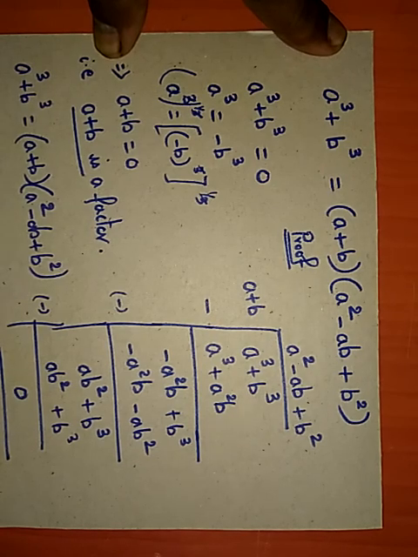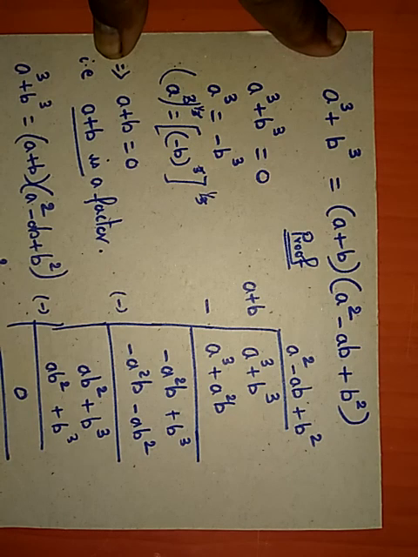Okay. Now we will do the verification. A into a square will give you a cube. Then minus a square b. Now multiply the third term, you will get plus ab square. Next you multiply with this term.